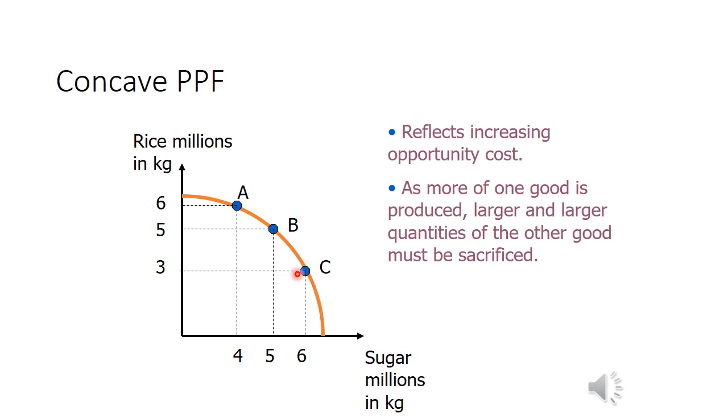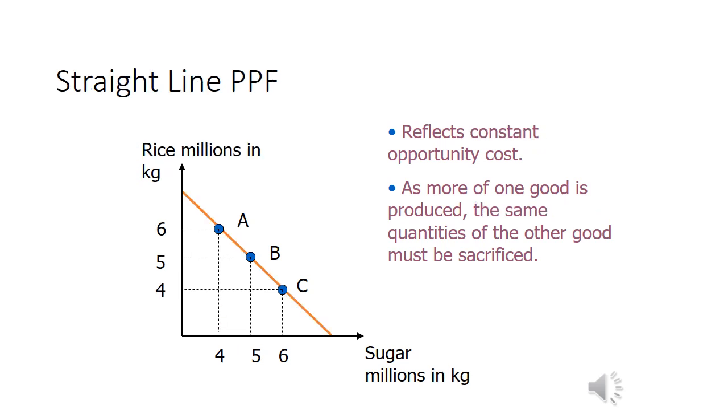Okay, so which is why when you want a lot of just one good, you're going to give up a lot of the other as you approach the maximum amount. A straight line PPF, on the other hand, is reflecting constant opportunity cost. The exchange is always the same. You want 1 more million kg of sugar, you always give up 1 more million kg of rice.